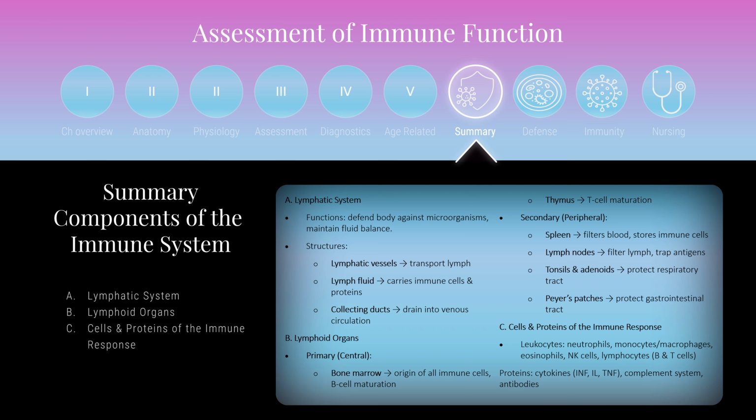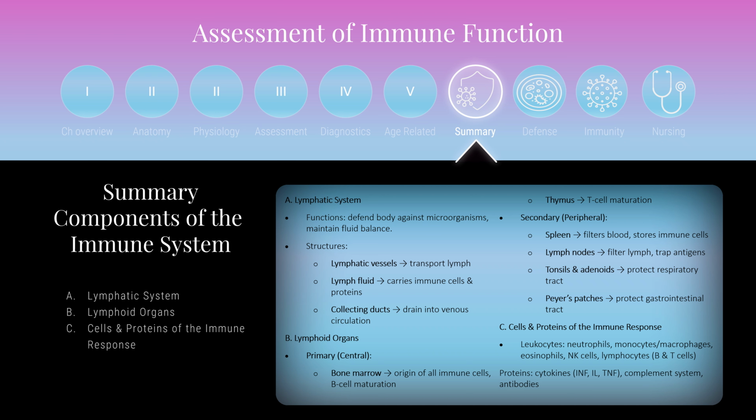B. Lymphoid organs. Primary, or central, is the bone marrow, the origin of all immune cells, like B cell maturation. The thymus is for T cell maturation.